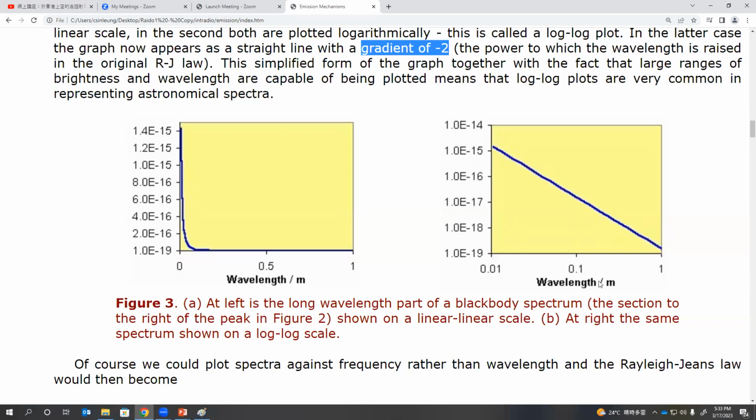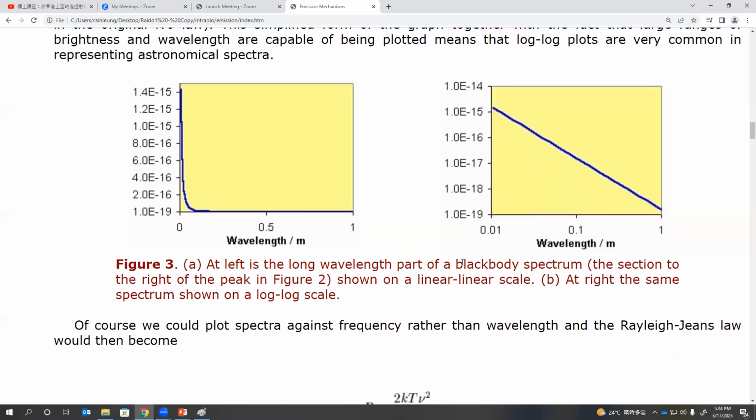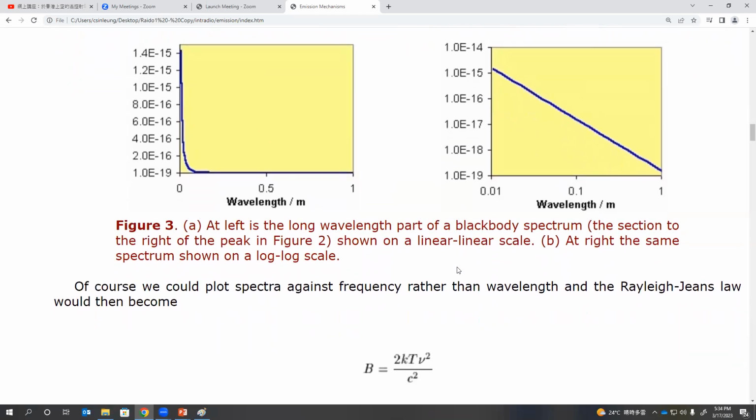If you change wavelength into frequency, then this is 1/wavelength, and in that case the line will be reversed and become a positive slope. So if this is intensity versus wavelength, and you use log scale, you will get a negative slope. If you reverse it, you will get a positive slope. Can you follow?